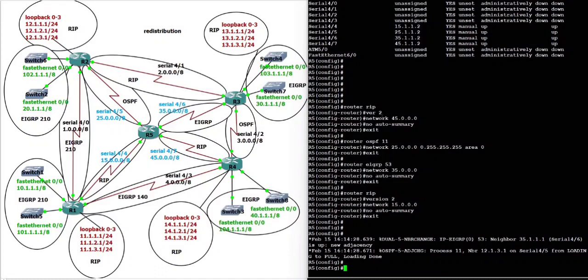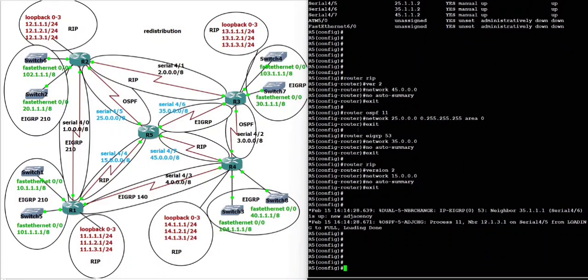We have 15 dot network in RIP, connected with router 1. 25 network in OSPF is connected with router 2. 35 network is EIGRP 53, connected with router 3. And RIP 45 is connected with router 4.